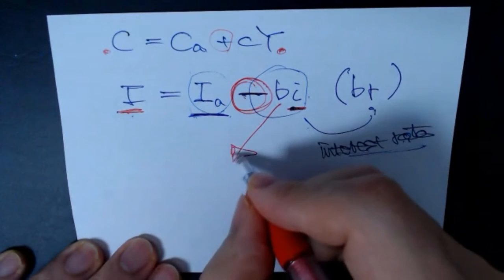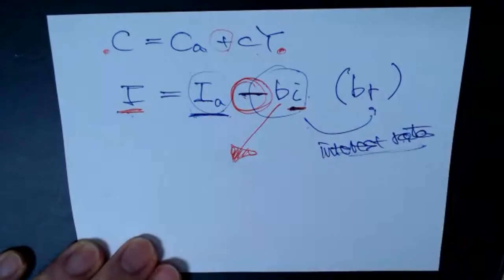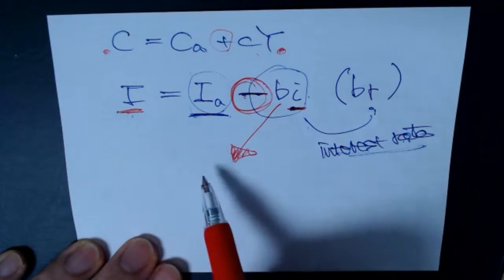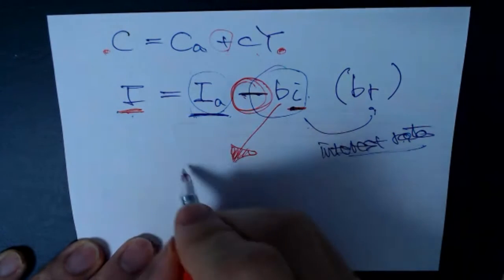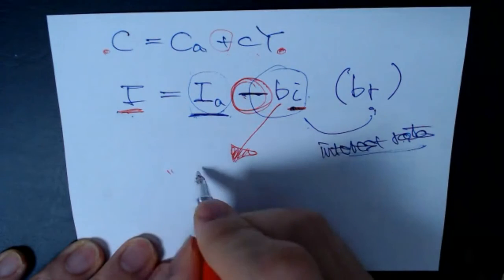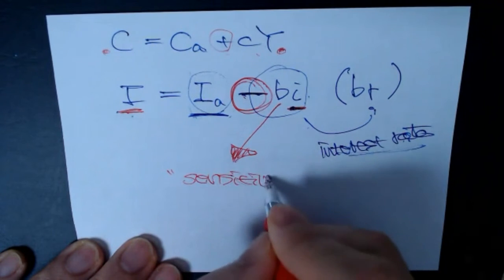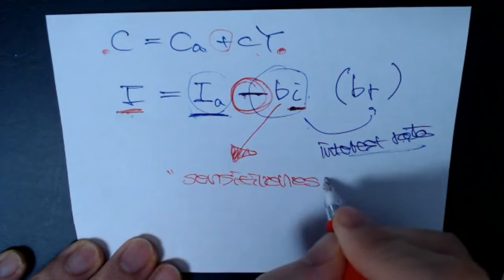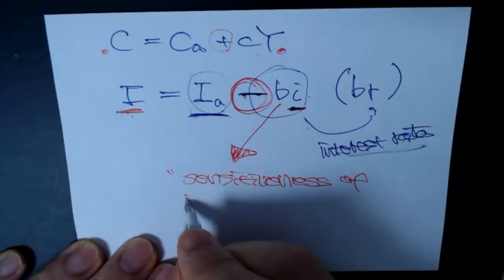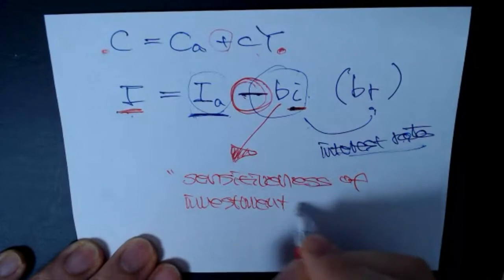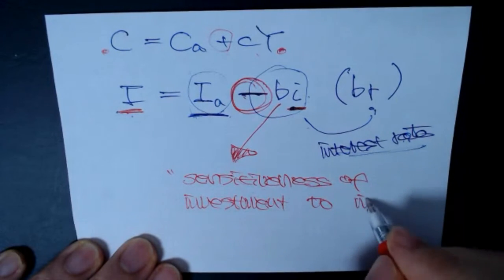What B tells us is like the marginal propensity to consume, but we don't call it marginal propensity to invest. We use another term called sensitiveness of investment to interest rate.